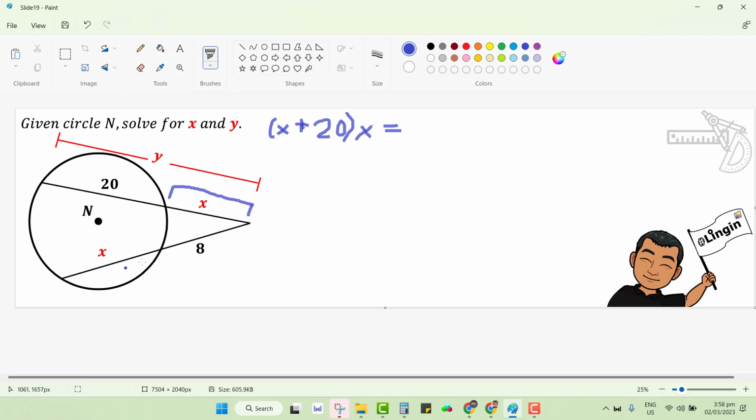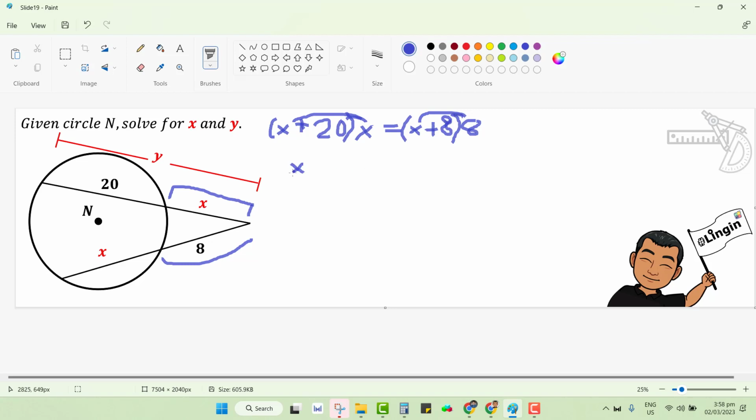So you have the entire secant segment, that's x plus 8, times the exterior segment here, which is 8. This is an equation that we are going to use to solve for the value of x. And of course, you are expected to distribute.